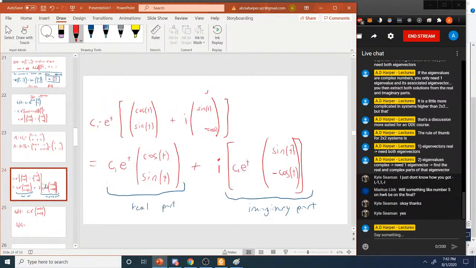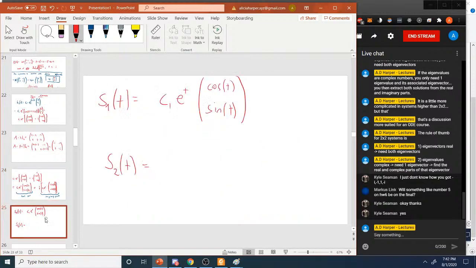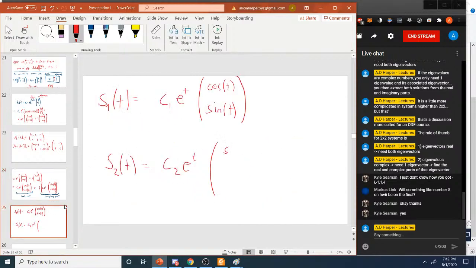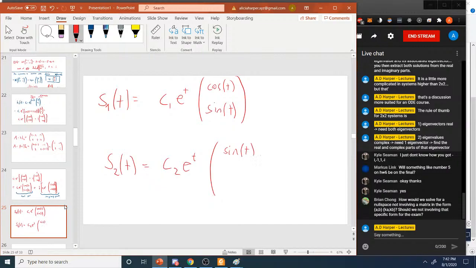And S2 of t is going to come from the imaginary part, but I have to make one change. So you see here how the index of this constant is 1. I'm going to change that index to 2. So I'm going to make it C2 times e^t. And I'm going to keep everything else. So I'll have sine of t and negative cosine of t.